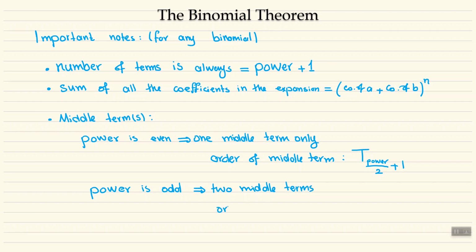And the order of the first will be T of power plus 1, and then we divide by 2. It's similar to the previous rule, but in that rule we divide by 2 first, and then we add 1. Here we add 1 first, and then we divide by 2. This is the first one. And the second one is the next.